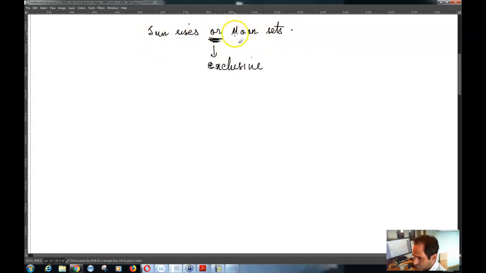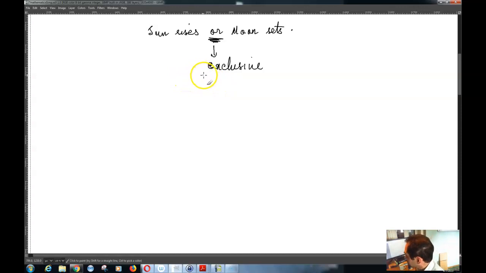Either this is true or this one is true, but there is no time at which the sun is rising and the moon is setting at the same time, both of them happening together. So this is an exclusive or.